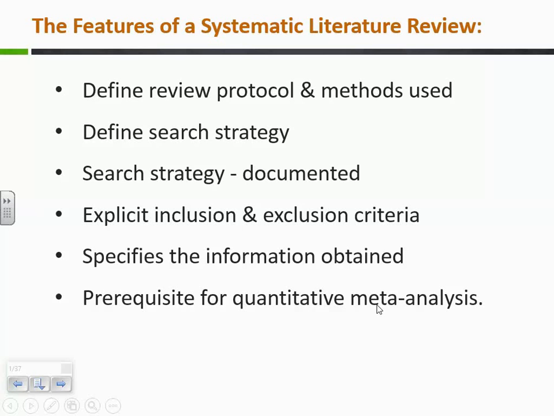Explicit inclusion and exclusion criteria are required to assess each potential primary study. And those are like that little sift that I showed you. They act to sort out what's going to be let through and what is going to be excluded. It specifies the information to be obtained from each primary study, including the quality criteria by which to evaluate each primary study.